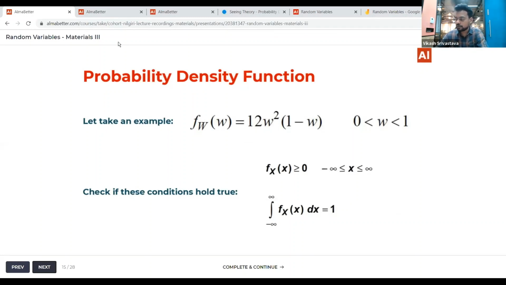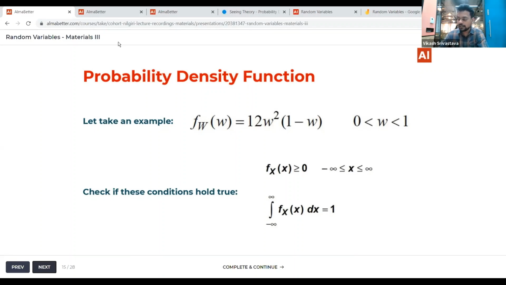We need to check two properties, in fact. First, f of w, small w, is greater than or equal to 0 over the interval minus infinity to infinity.